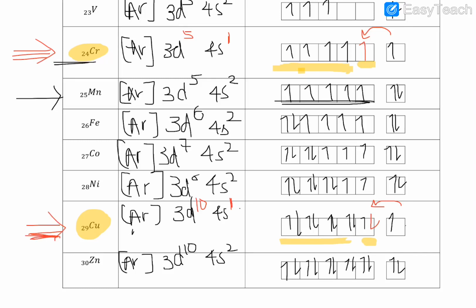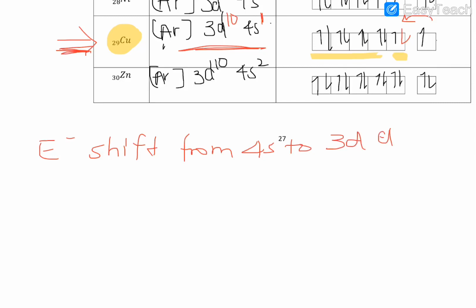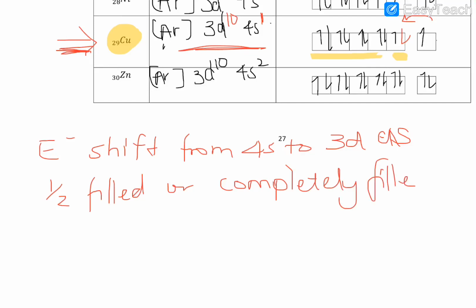So chromium and copper are the exceptions. You have to be careful. This is the correct electronic configuration state. So electrons are going to shift from 4s to 3d as half filled or completely filled d orbitals are more stable.